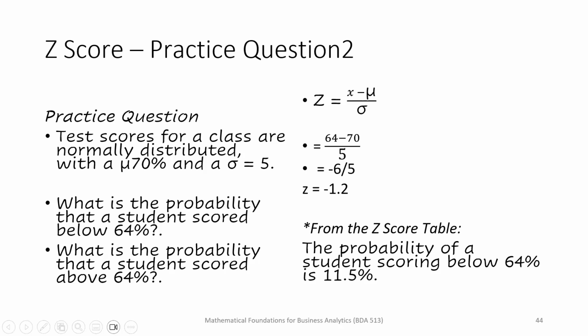So what we have here is the probability that the score is above 64. I've not worked that one, so you worked it. What I have here is for the one that is below. Yes, please go ahead.